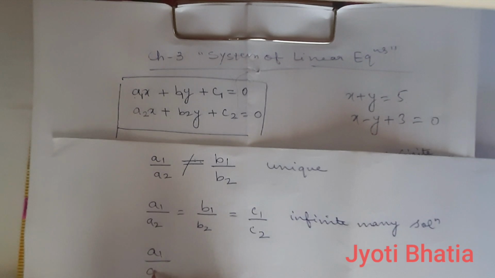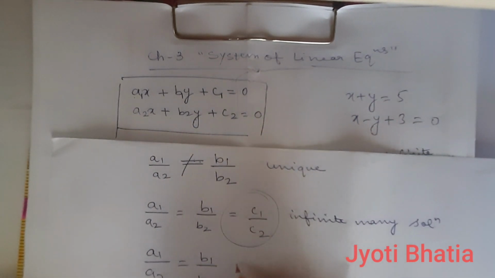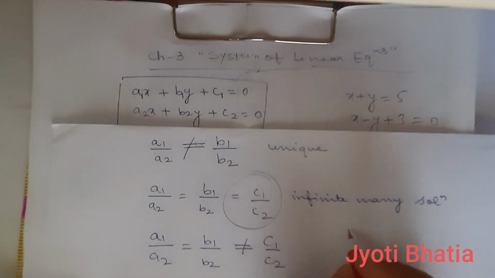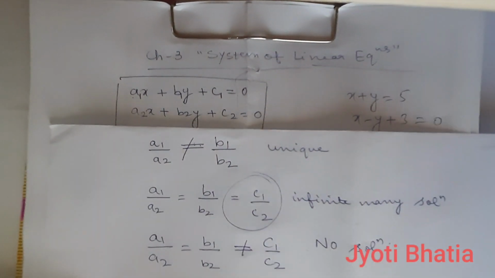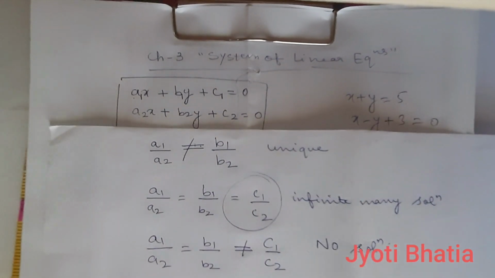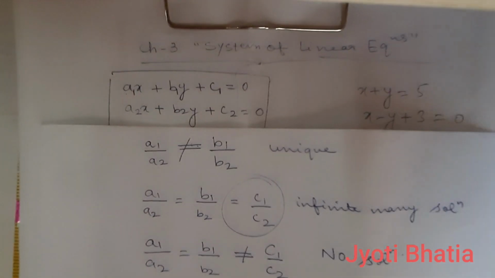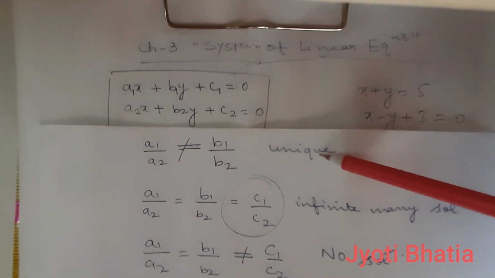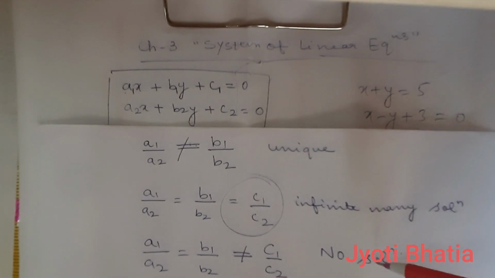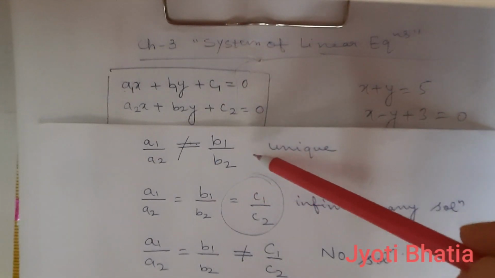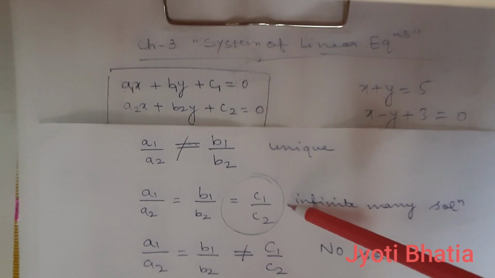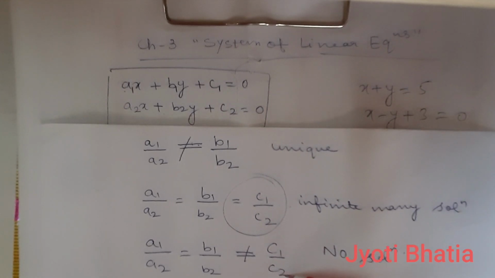And if a1 by a2 is equal to b1 by b2 but not equal to c1 by c2, we say it has parallel lines and thus there will be no solution, right? You have to keep in mind the vocabulary, beta. For solutions, the vocabulary is unique solution, infinite solutions, no solution. If they ask about the nature of lines, lines will be intersecting, coincident and parallel.